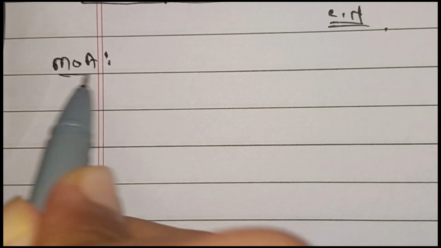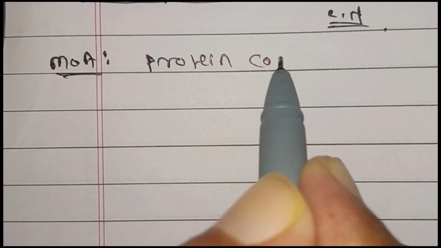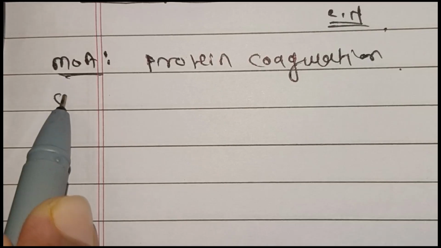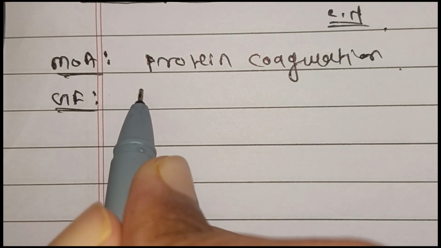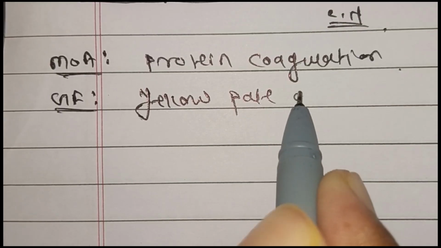Let's see the mechanism of action of coagulative necrosis. The mechanism of action is protein coagulation. After that, let's see the gross features. In gross features there is a well-defined yellow pale area.